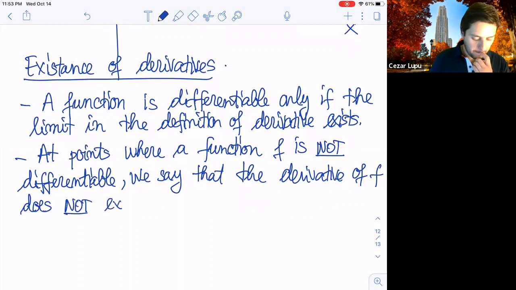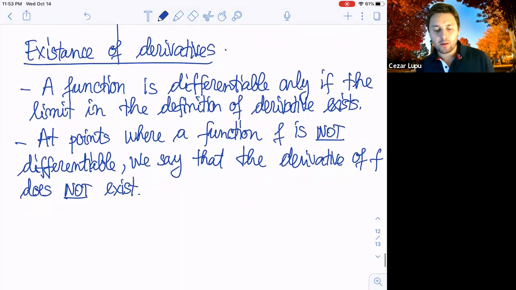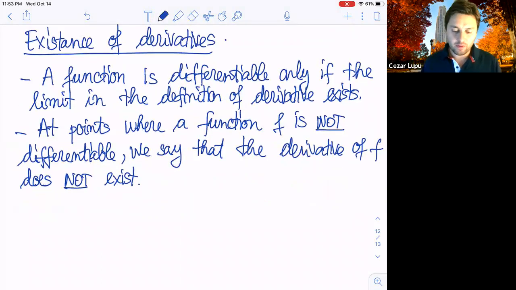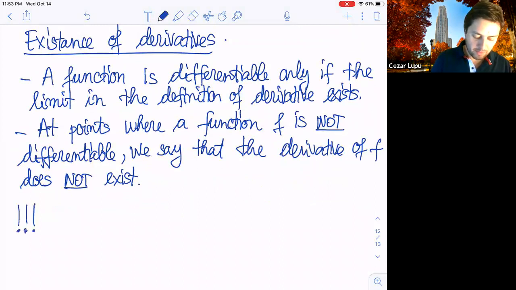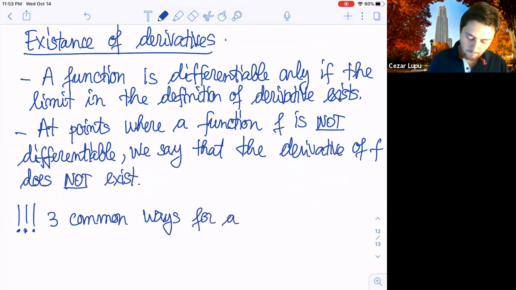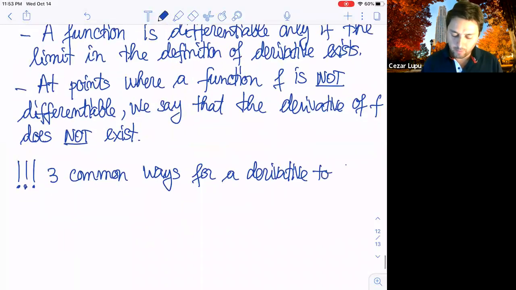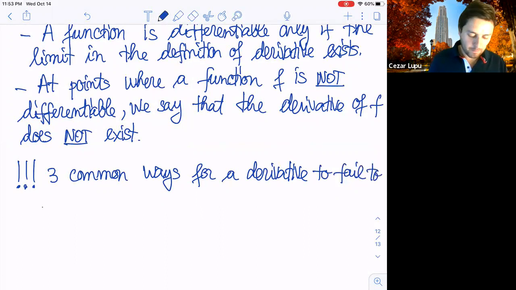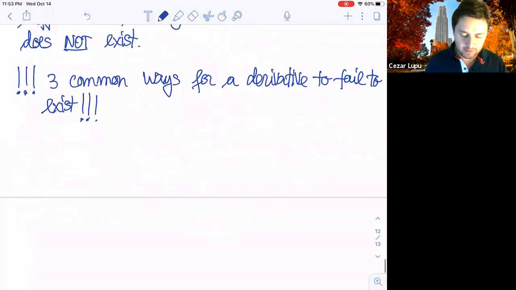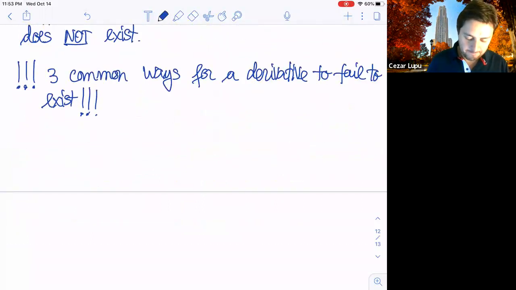And now let's see three common ways for a derivative to fail to exist. So let me just draw three pictures. All right, so let me just draw a picture so that you can see. Okay, I think I have enough space here.